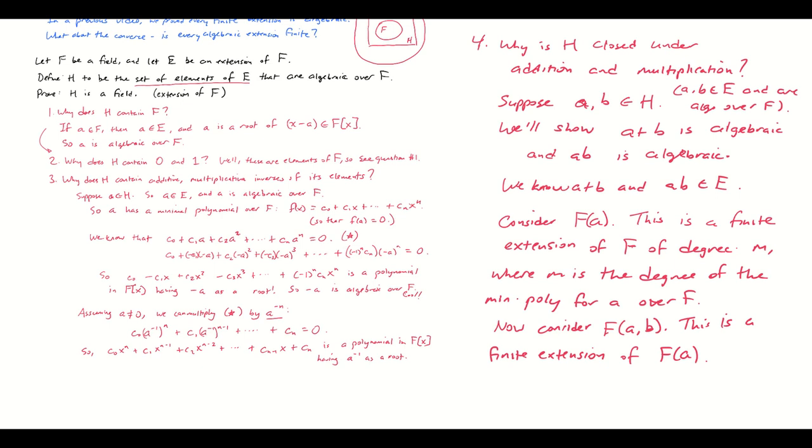But we do know that the degree of this extension, F adjoin a and b over F adjoin a, won't be any more than the degree of b over F, with degree less than or equal to the degree of b over F. In other words, the degree of the minimal polynomial of b over F. Okay, so let's call the degree of F adjoin a and b over F adjoin a, let's call that n.